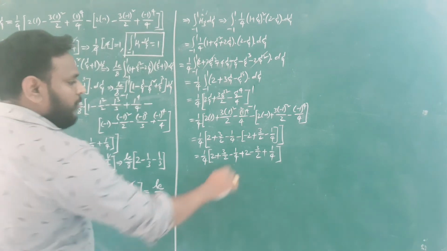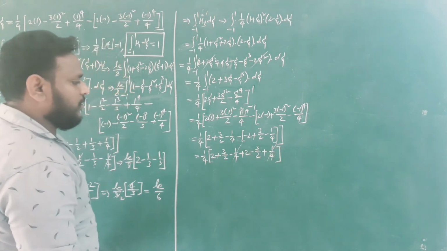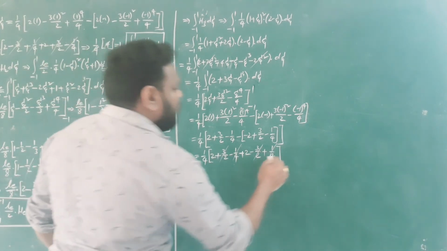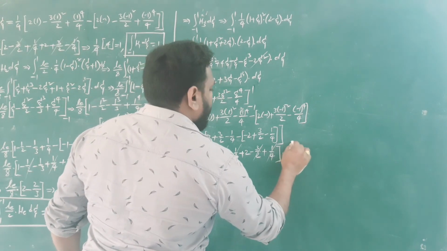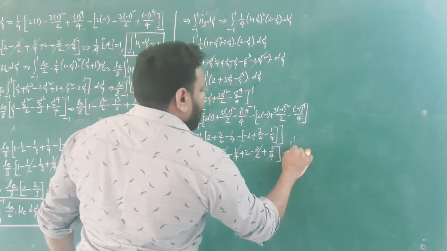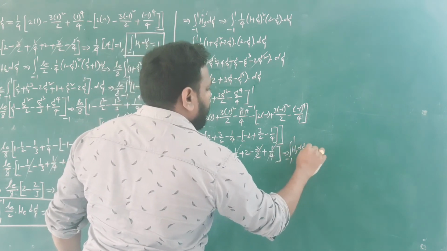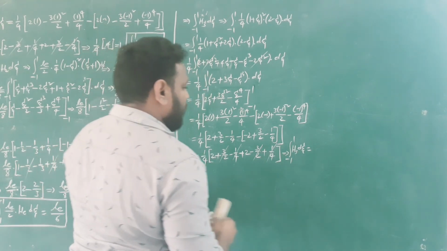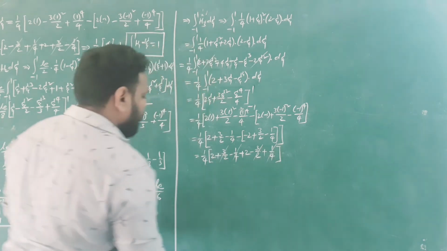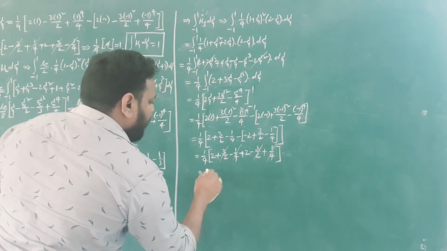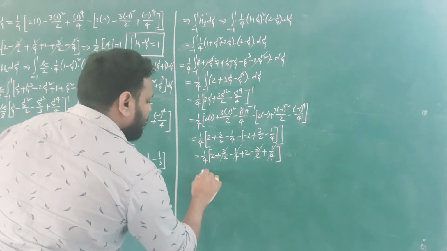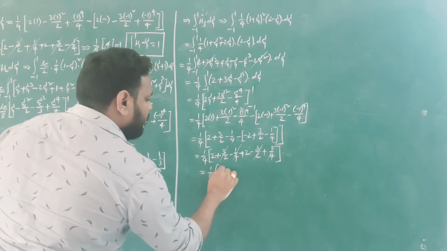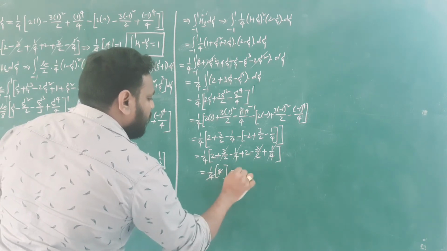Here minus 1 by 4 plus 1 by 4 cancels, and plus 3 by 2 minus 3 by 2 cancels. So what remains: the integral from minus 1 to 1 of h3 dj becomes 1 by 4, here 2 plus 2 is 4, so the 4 cancels and it becomes 1.